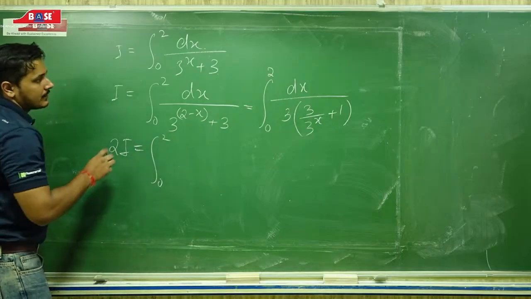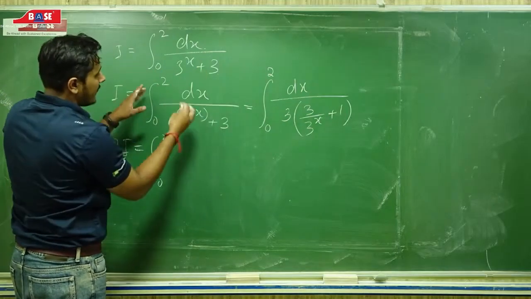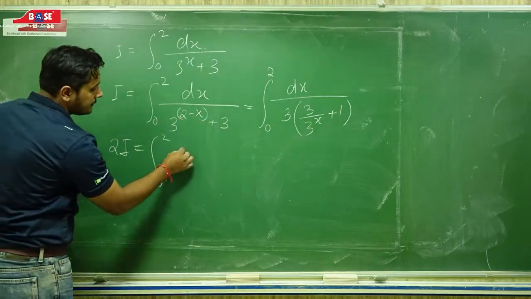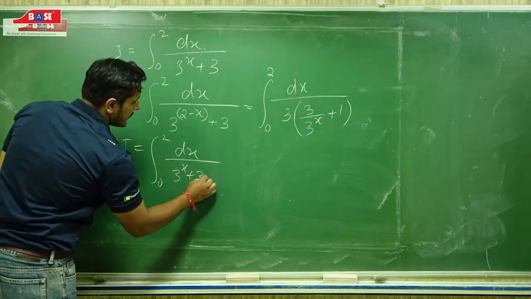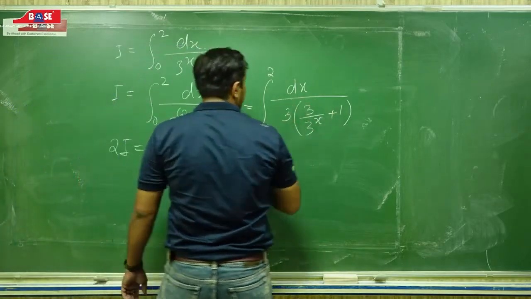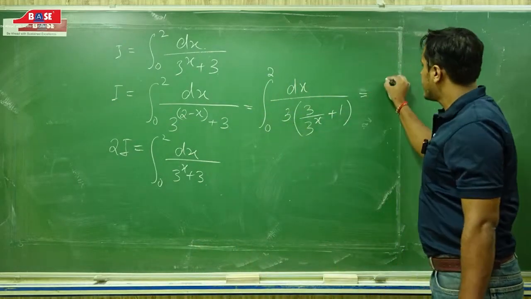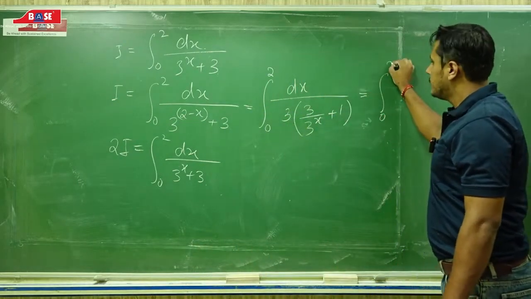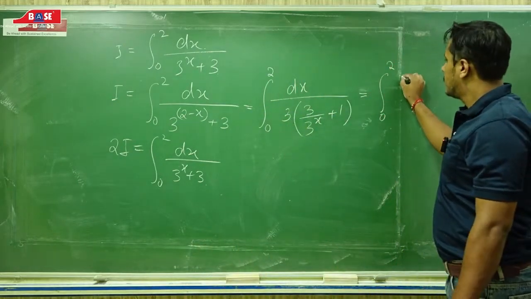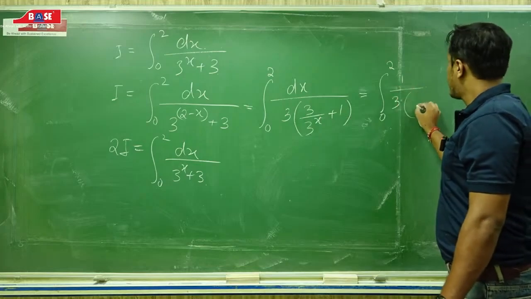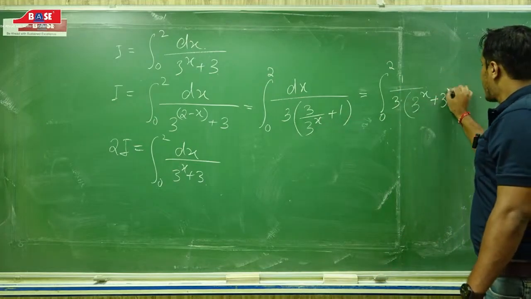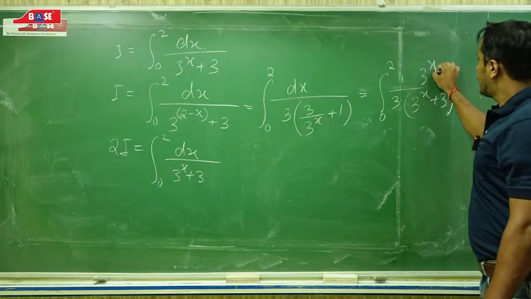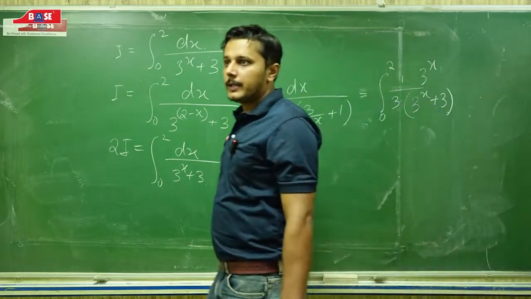0 to 2, the limit is the same, so when you add them it will come under the same limit. So this is 3 power x plus 3. If you simplify this a little more and take LCM, this will become 0 to 2, 1 by 3 LCM, 3 power x plus 3, and this 3 power x will go in the numerator.